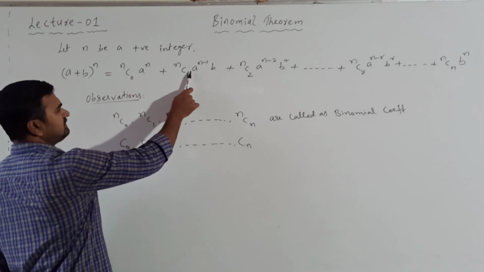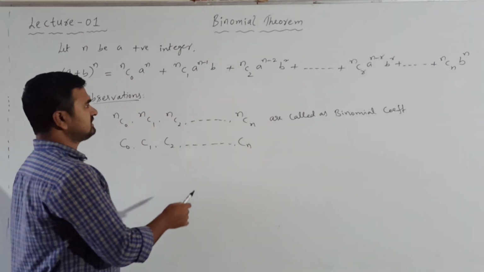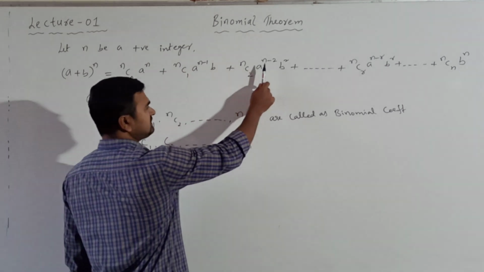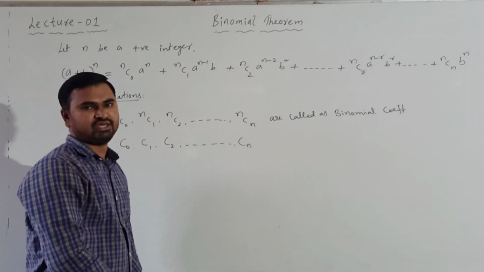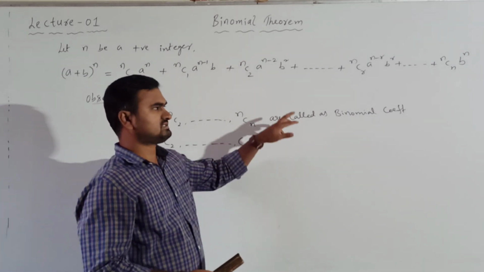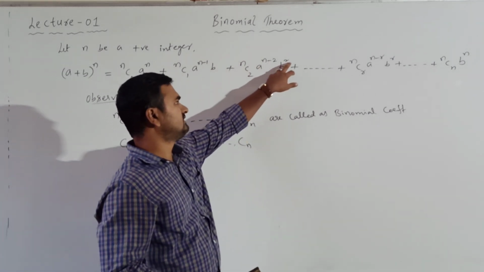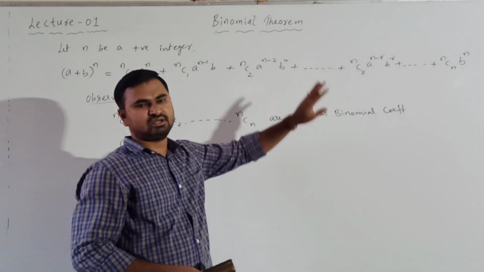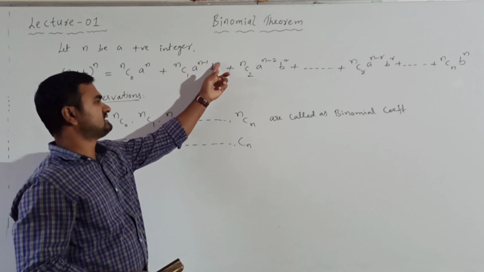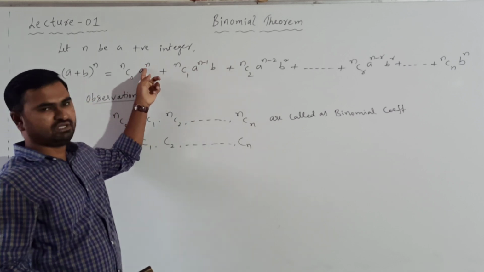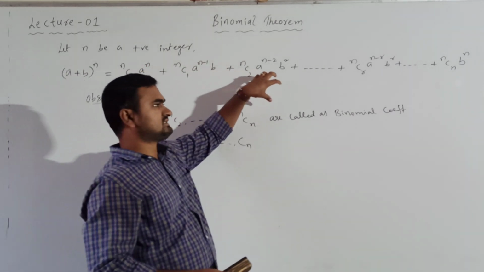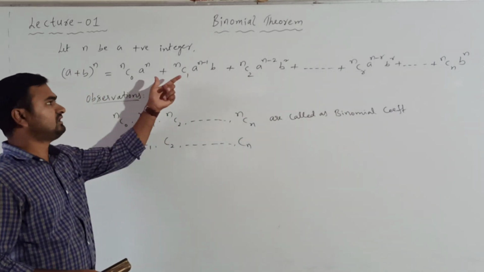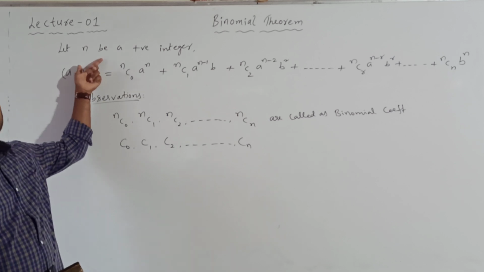And moreover, in each of the terms, the sum of the powers of a and b is always the same. n minus 2 plus 2 is n, n minus 1 plus 1 is n, and here we have only n. So the sum of powers of a and b is always equal to n, that is the index of our expansion.